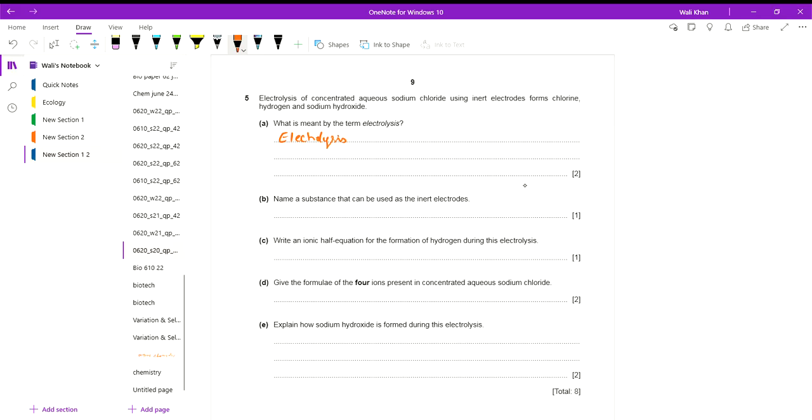Electrolysis is the process of using electric current to drive a chemical reaction.